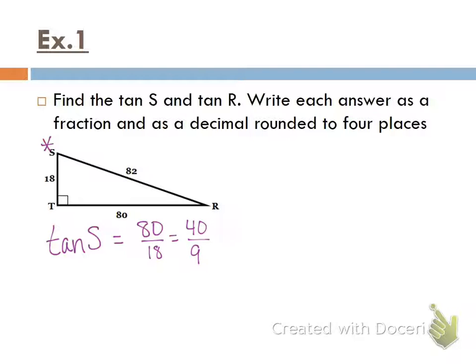Then they also want it as a decimal, so in your calculator you would just take 40 divided by 9. It said rounded to 4 decimal places. 4.4444. Okay, that would be rounded to 4 places.